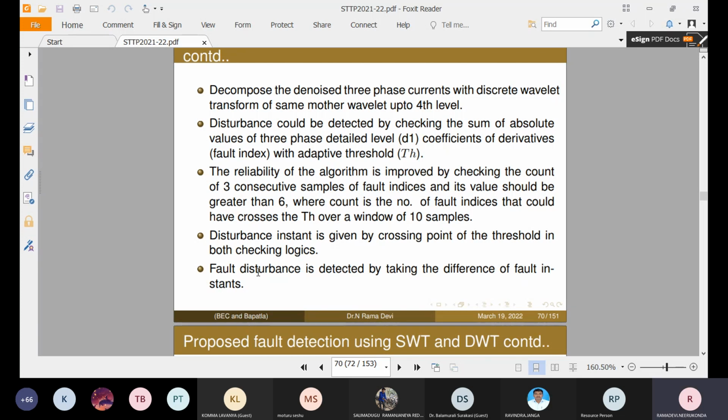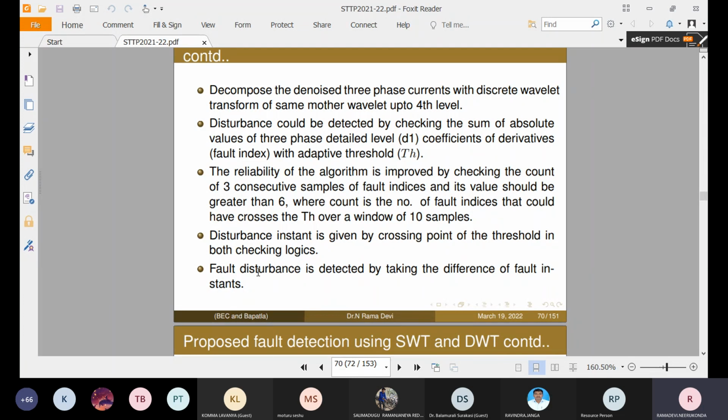So the disturbance is identified by checking the sum of absolute values of the three-phase detail level coefficients of derivatives against the adaptive threshold. Adaptive threshold means that according to the changing machine loading conditions, the threshold value also changes.